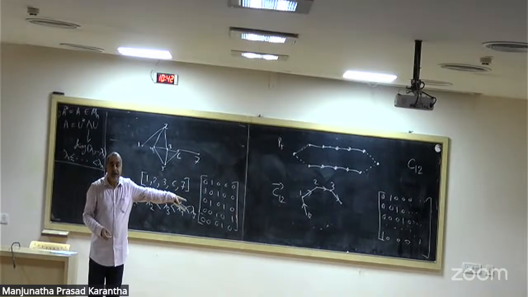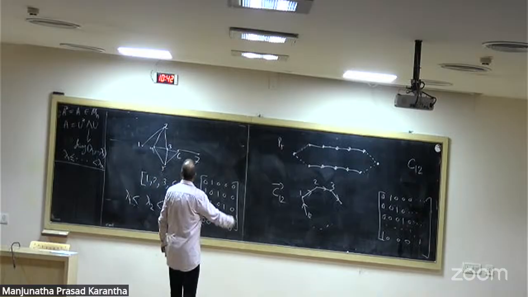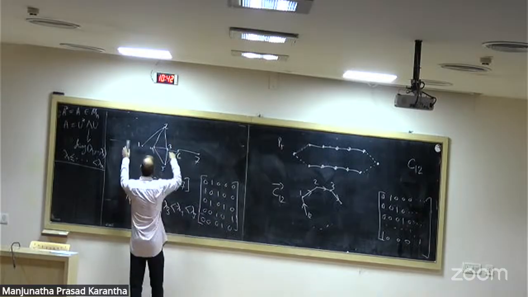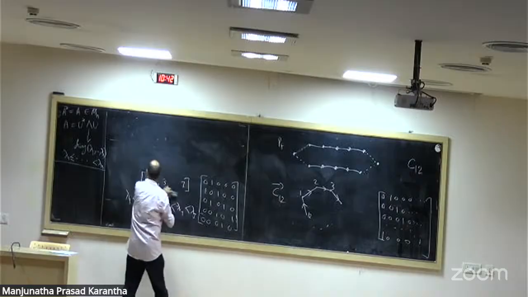These are omega power n equal to 1. That is the characteristic polynomial, right? If you are looking at this, I take this left side.